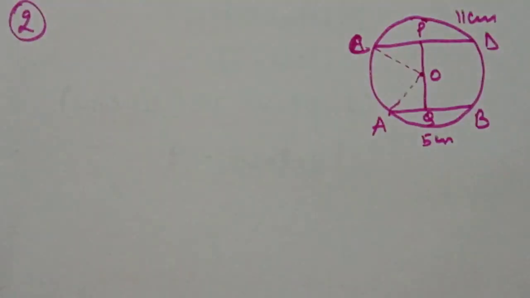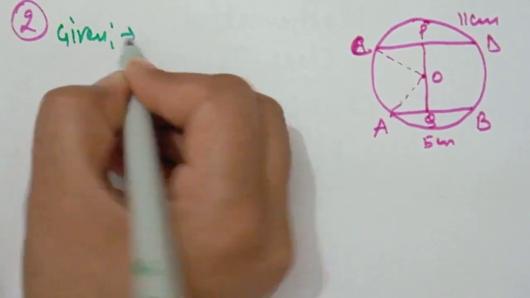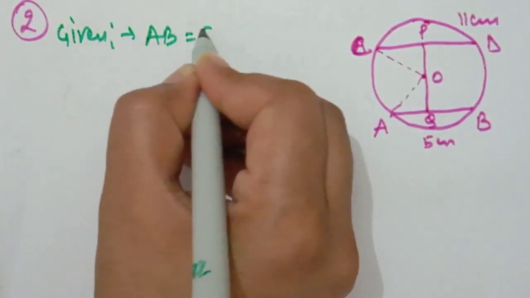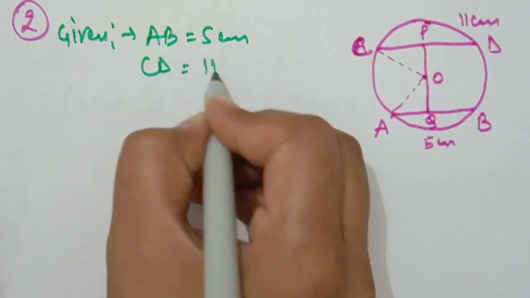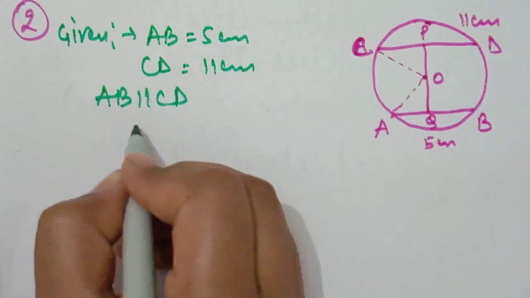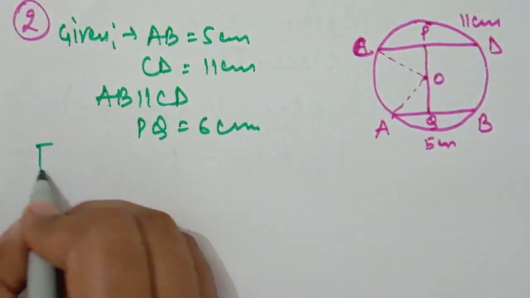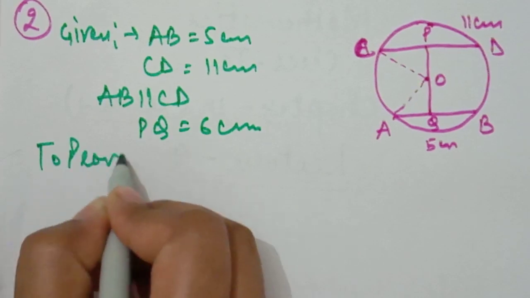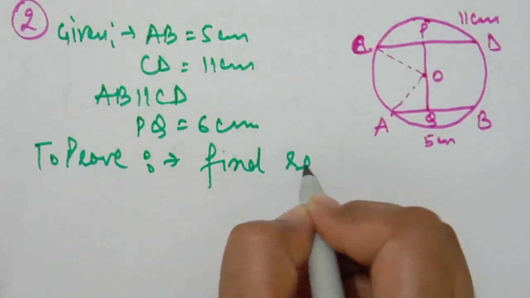So what is given? First of all, AB is equal to 5 centimeter, CD is equal to 11 centimeter, and the relation between them is that they are parallel, and PQ is 6 centimeter. To find, the radius.